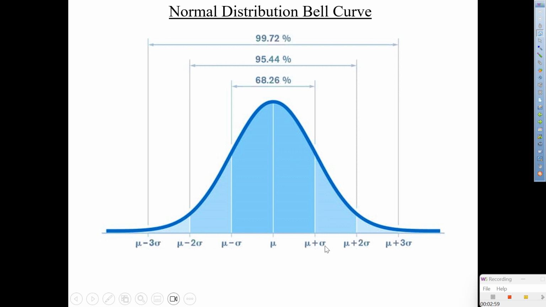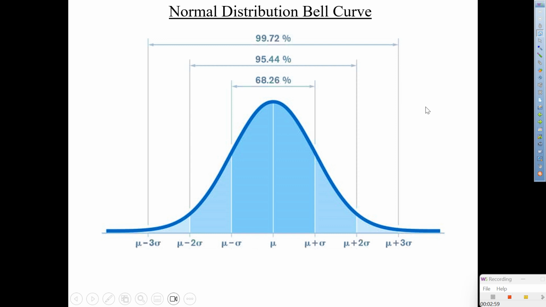And then these are standard deviations from the mean, 1 up, 2 up, 3 up, or below the mean. And we said that the normal range is within one standard deviation, which was how much percent? 68.26. You already have these notes, so you don't need them. However, the second standard deviation, all those percents add up to 95.44. And so on and so forth. And within 3 standard deviations, it's 99.72.